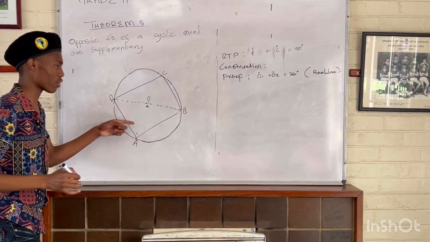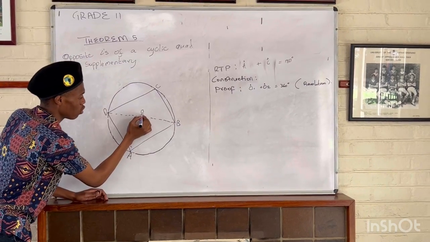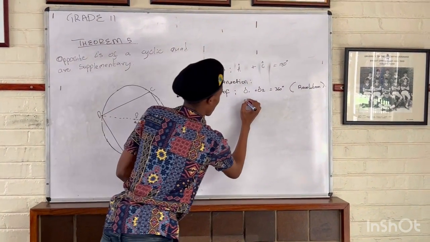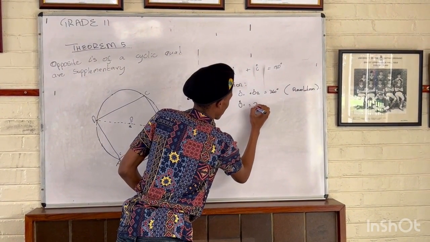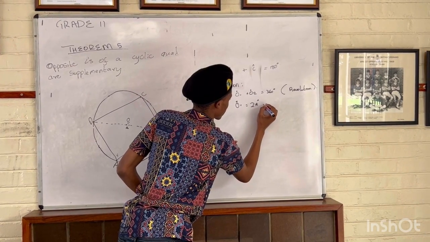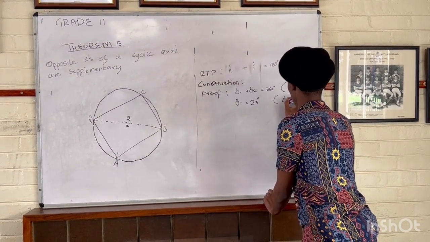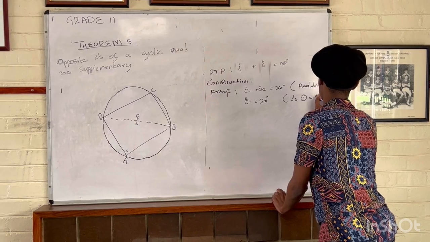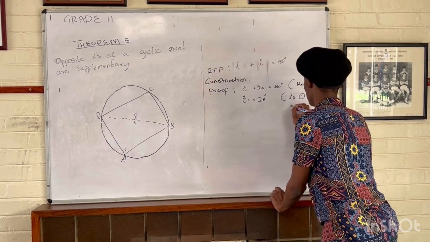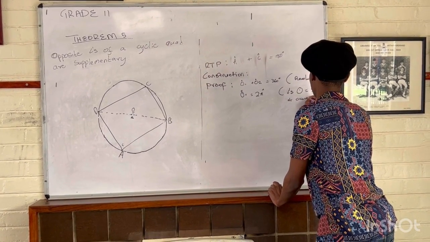Now angle O1 is equal to twice angle A. We have gone through this theorem before. Angle O1 is twice angle A. Reason being, angle at the center is equal to twice angle at the circumference.